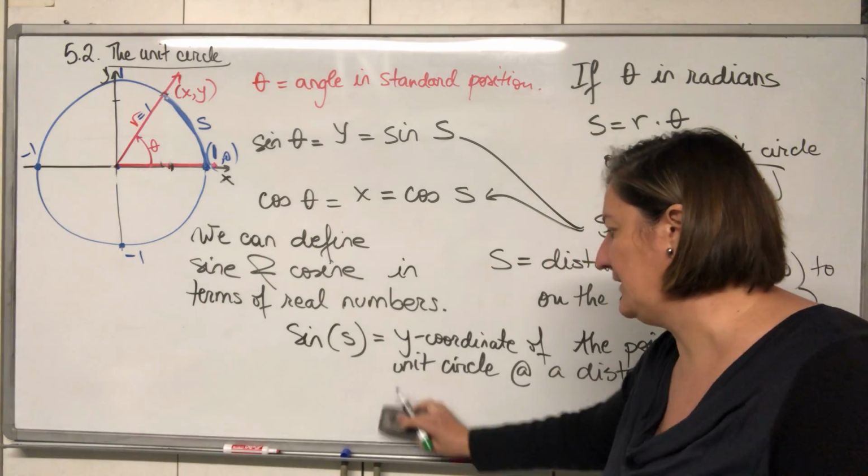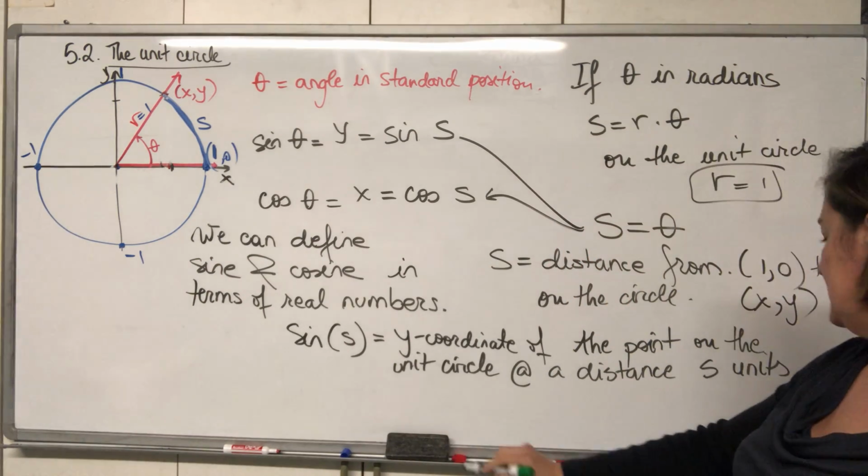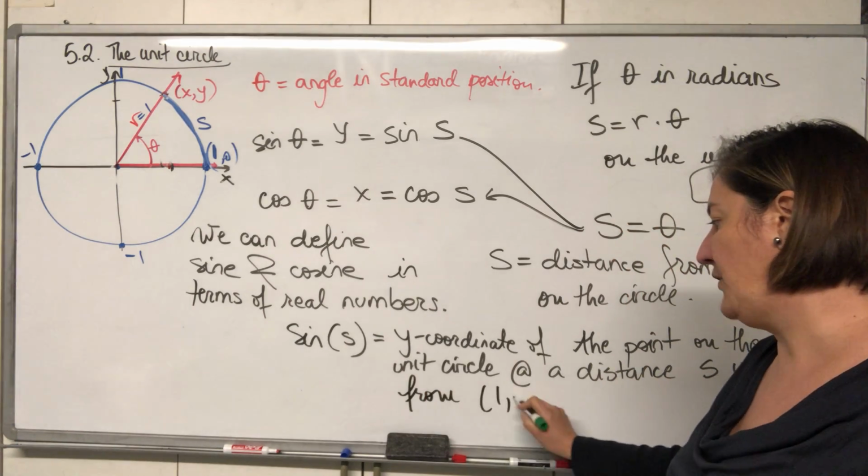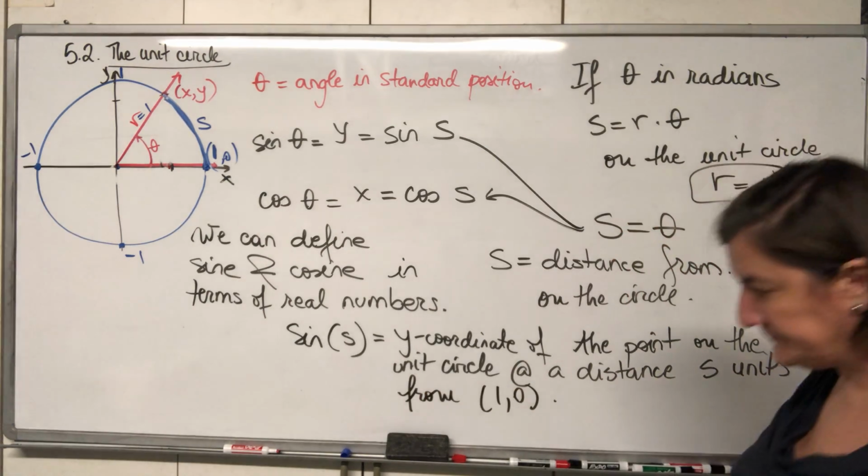If s is negative, you go in a negative direction, at a distance s units from the point of coordinates 1, 0.